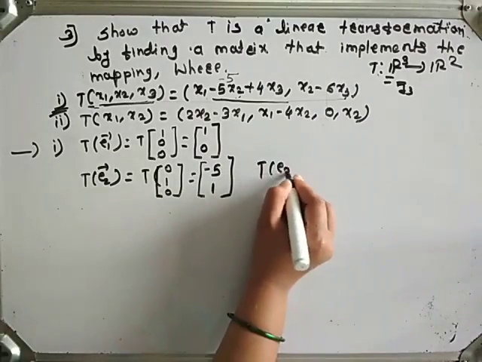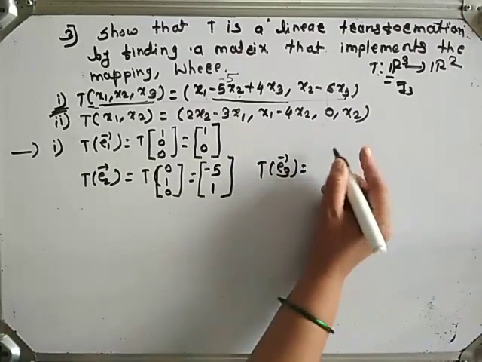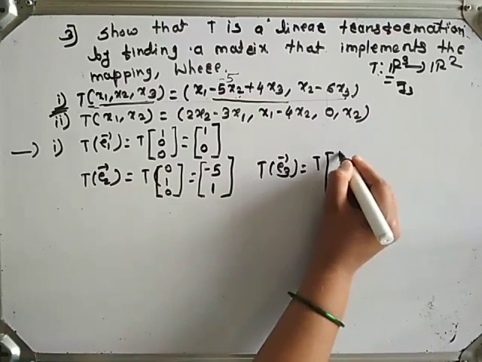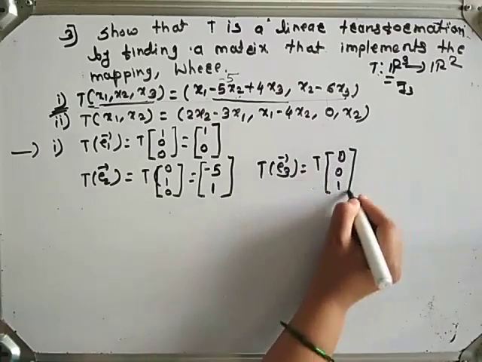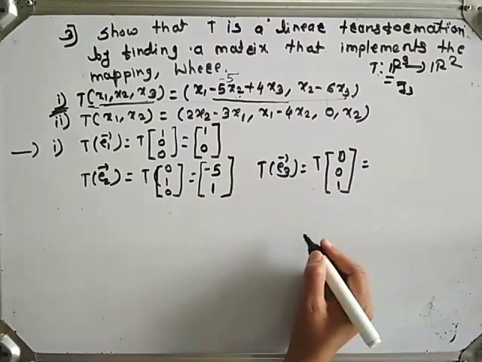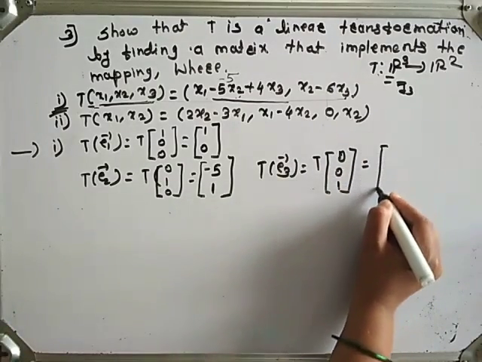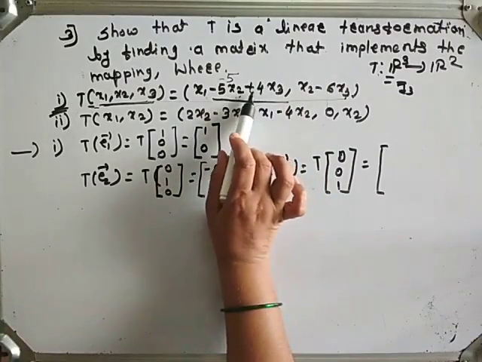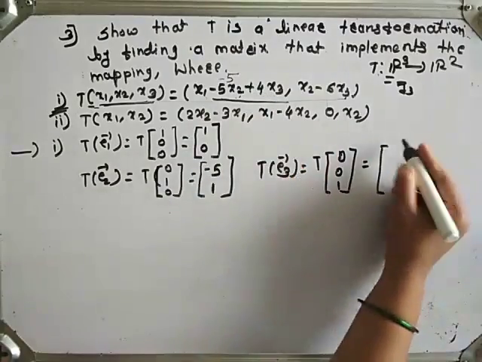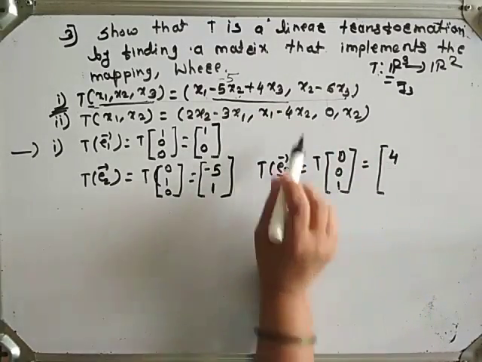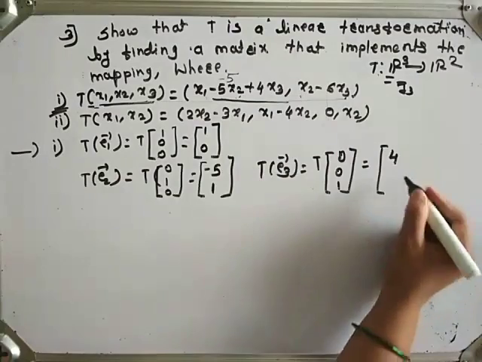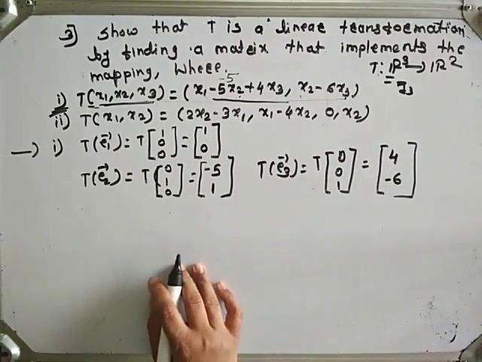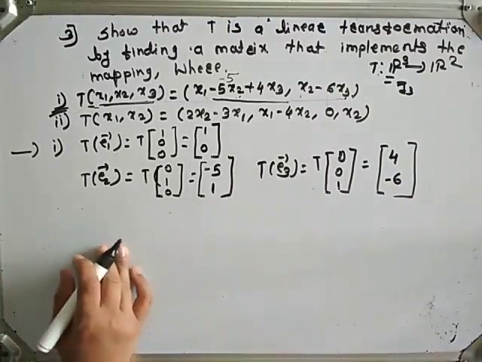T of E3 bar is equal to T of (0, 0, 1), which is equal to, here x1 is 0, x2 is 0, plus 4 into 1. So here is 4. Here x2 is 0, minus 6 into 1 is minus 6. This is T of E3 bar.